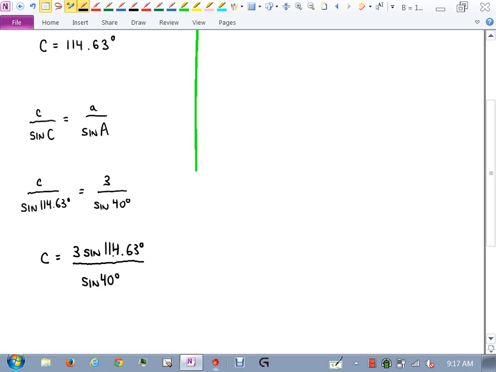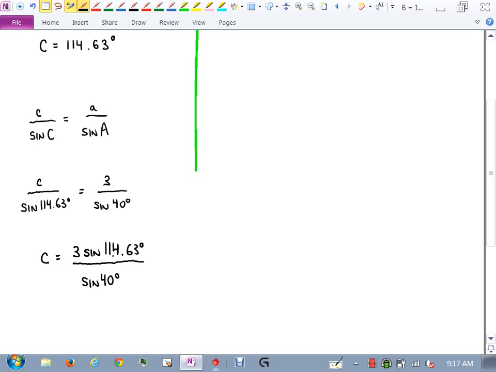Now, your calculator is going to determine how much of this you can do all at one time, or if you have a more basic calculator, you might have to do each of these and then write them down and then multiply them. It just depends on what you have in your hand. My calculator allows me to do all of these at one time, but I will tell you what each of these are. So when you do the sine of 114.63, you should get like 0.909018, something like that. Multiply that times 3.